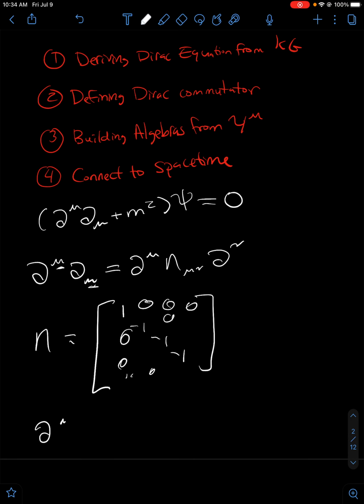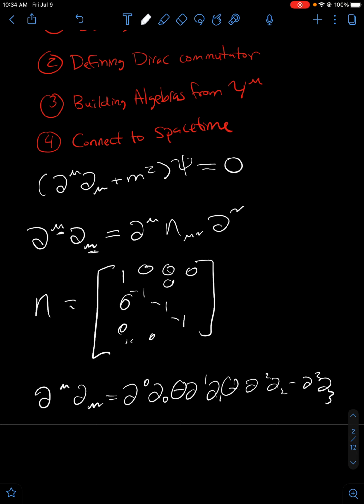So partial mu will just be partial naught, minus partial 1, minus partial 2, minus partial 3. We have a minus over here due to the minus signature in the diagonal, and 1 over here to make it unity.